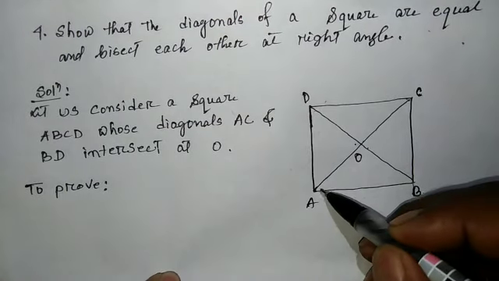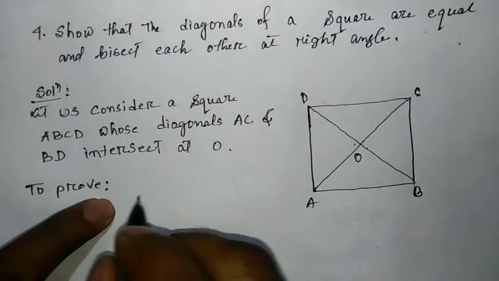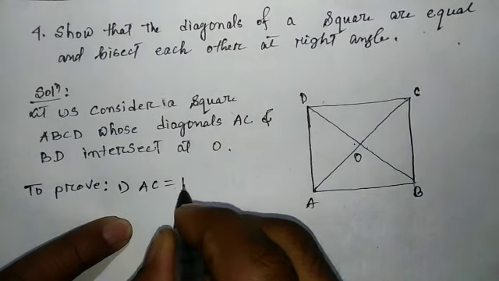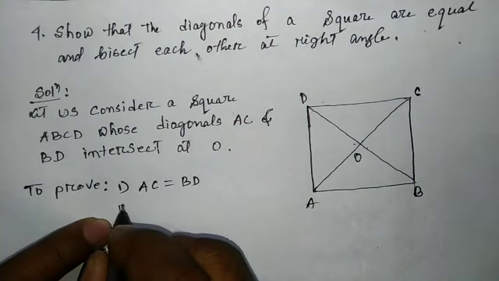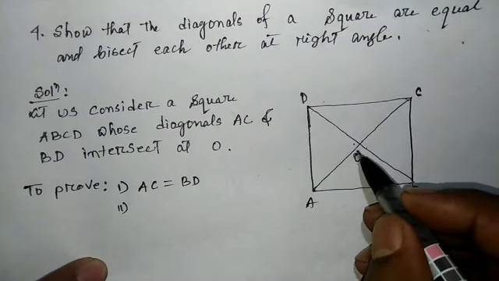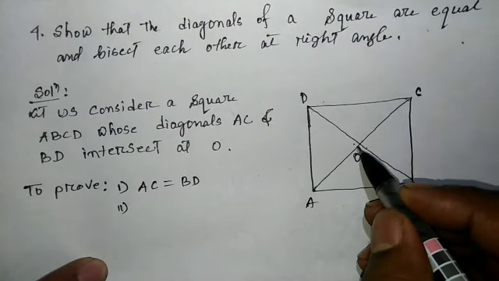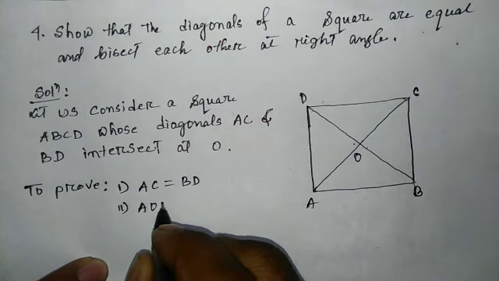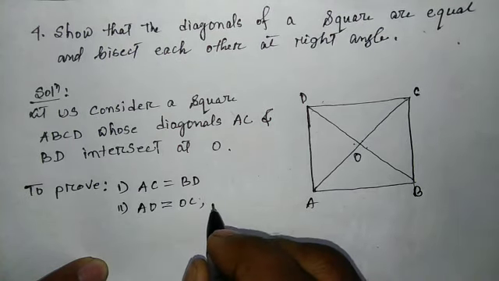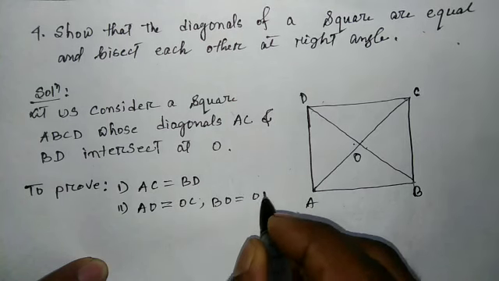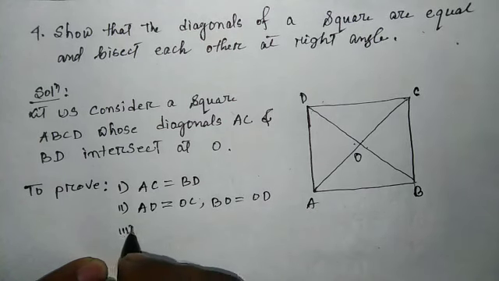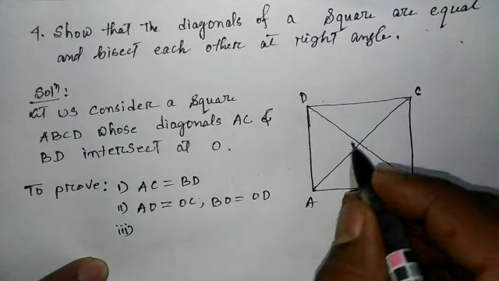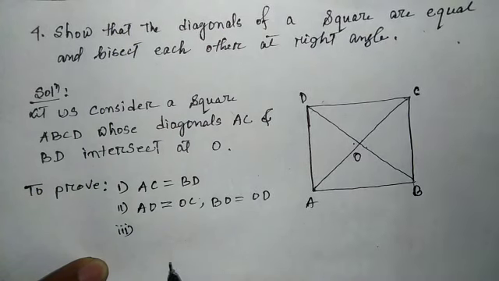Number 1, we have to prove that diagonals are equal. So write number 1, AC is equal to BD. Number 2, we need to prove what? They bisect each other. AO is equal to OC and BO is equal to OD. And number 3, we need to prove these angles are 90 degrees, or any one of the angles is 90 degrees.